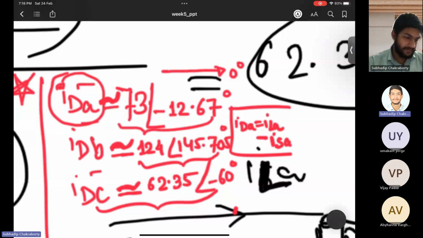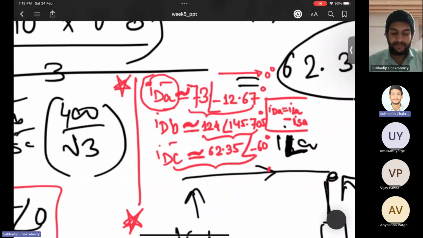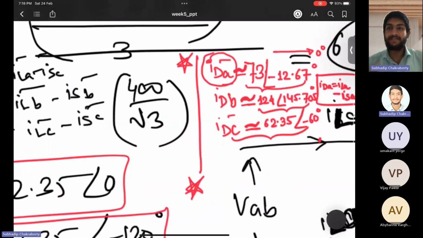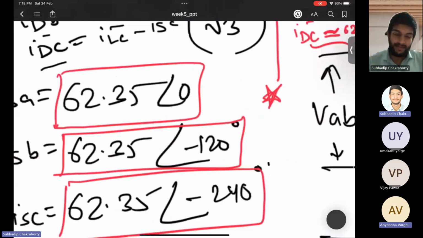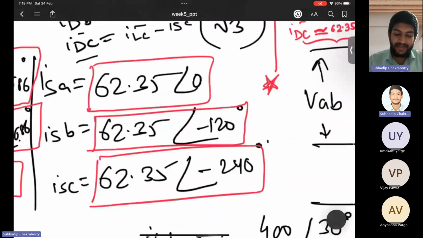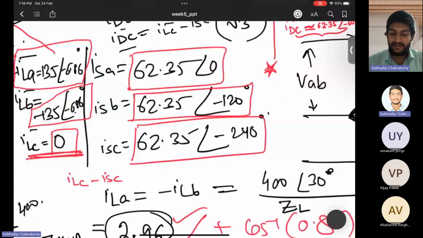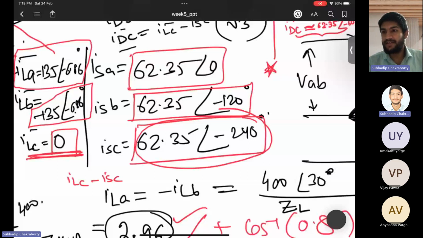Then what you see is that when we are calculating, ILC was 0, because your load was connected between A and B points. So when you do ILC minus ISC, this only pops up as the DSTATCOM current. Agreed or not?